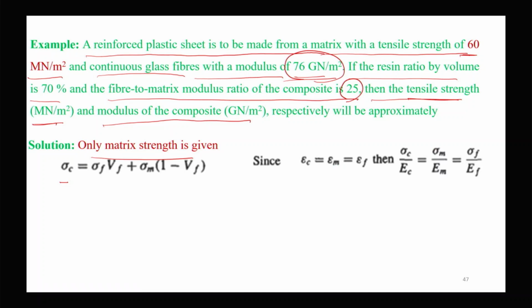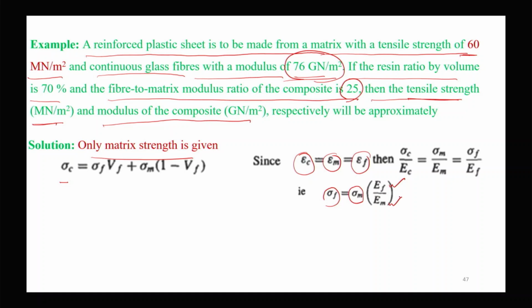Since we are using the rule of mixture, the strain of the composite equals the strain of the matrix equals the strain of the fiber. Then we get this relationship: stress on fiber equals stress of matrix multiplied by the modulus of fiber divided by the modulus of matrix.